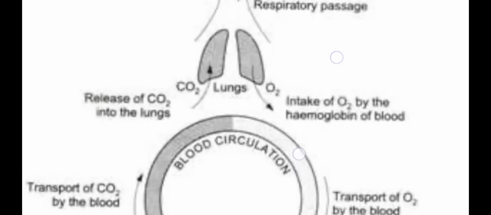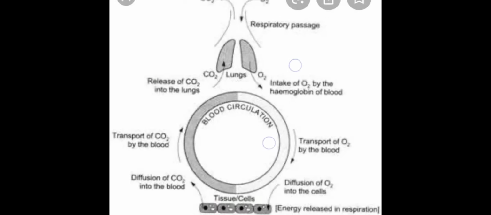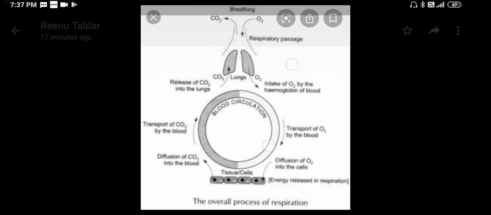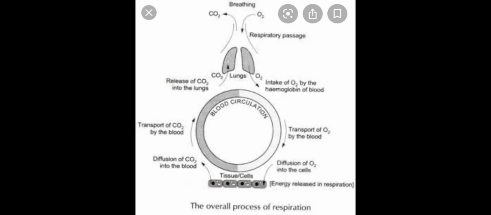So hemoglobin is a very important pigment. It is known as a respiratory pigment because it helps in transportation of respiratory gases, that is oxygen and carbon dioxide. One hemoglobin molecule can carry 4 molecules of oxygen.